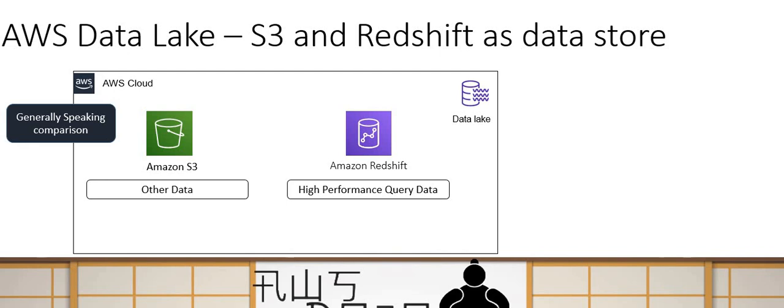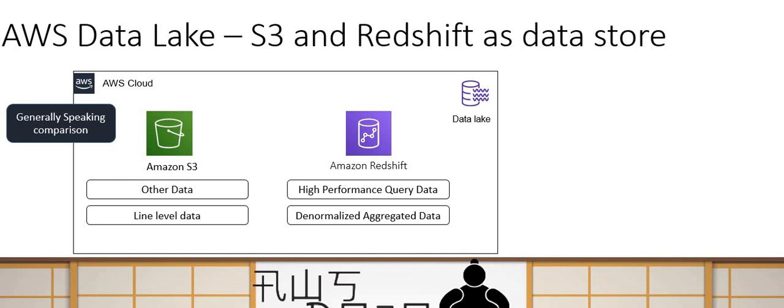So you can keep your high performing query data in Redshift, while the data for which the query performance is not so important, you can keep in S3. So that's one split scenario where high performance query data goes to Redshift, while data with not so high performance query requirements goes to S3.